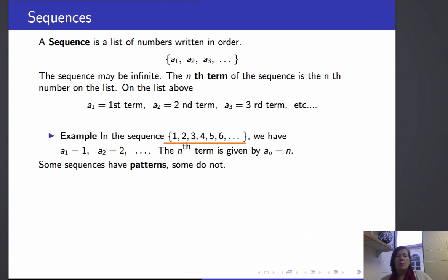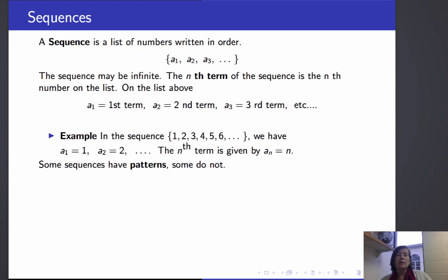Here's an actual example of a sequence, the sequence 1, 2, 3, 4, 5, 6, and you see the terms are separated by commas, and once you get the idea of what's going on, these dots represent the mathematical equivalent of etc. So a subscript 1 is 1, the first term of the sequence is 1, the second term is 2, the third term is 3, and we can see by the pattern the nth term of the sequence is going to be n.